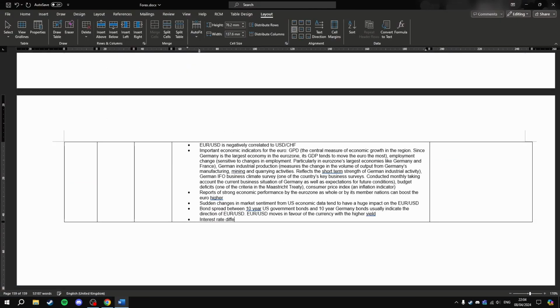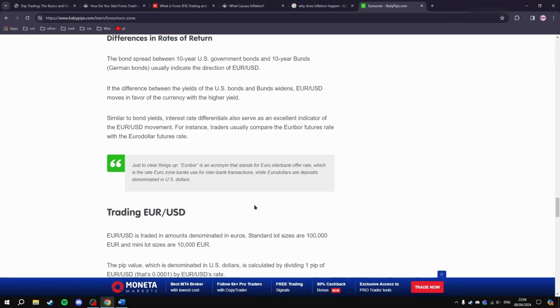Interest rate differentials also serve as an excellent indicator for Euro USD.